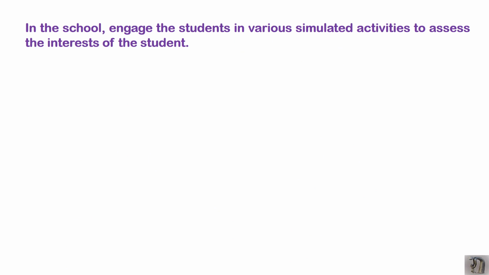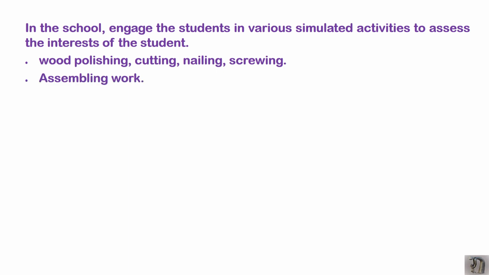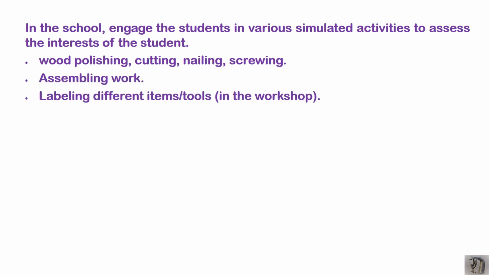In school, a student can be engaged in activities to assess the child's interest, like wood polishing, cutting, nailing, screwing, assembly work in the workshops, then labeling different items. You pack the items and the child will label, which can help the child to go out and work in grocery shops or some industry.